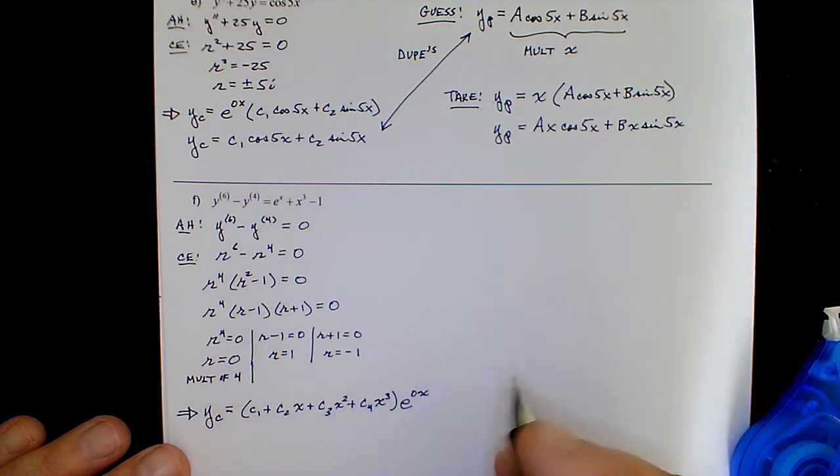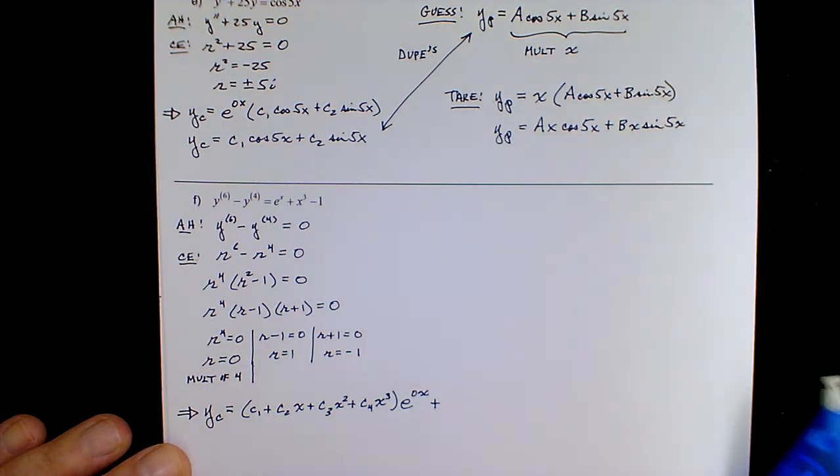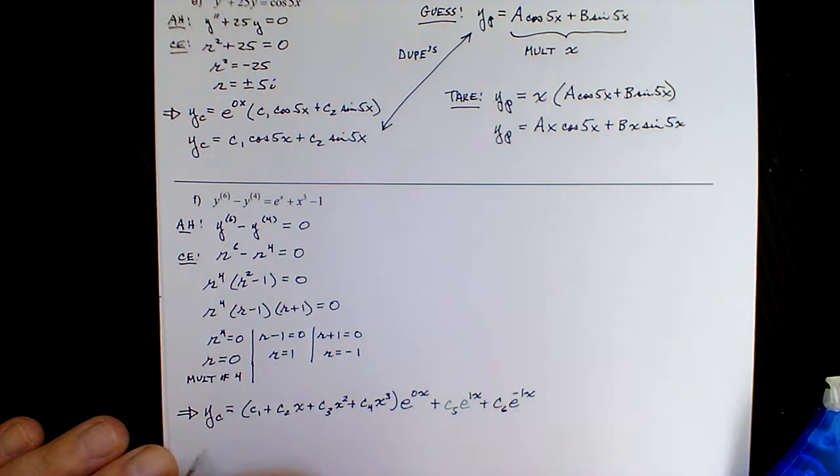And then left off with c4, so let me call this c5, e to the 1x, coming from the real root of 1, and then plus c6 e to the negative 1x. Alright, so let's clean this up.